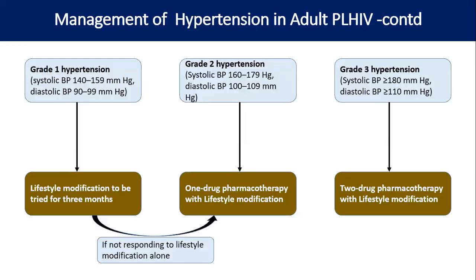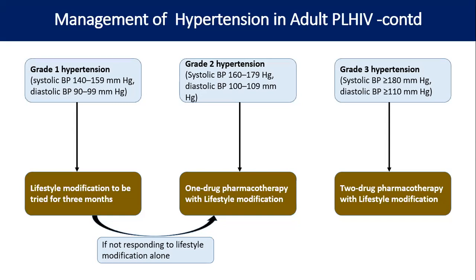Now, for the management of hypertension, if it is grade 1, that is a systolic blood pressure of 140 to less than 160 millimeter of mercury and a diastolic blood pressure of 90 to less than 100 millimeter of mercury, we call it grade 1 hypertension. The recommendation is lifestyle modification over 3 months. If over 3 months, lifestyle modification can bring the blood pressure below 140 systolic and below 90 millimeter Hg diastolic, then we will continue with lifestyle modification.